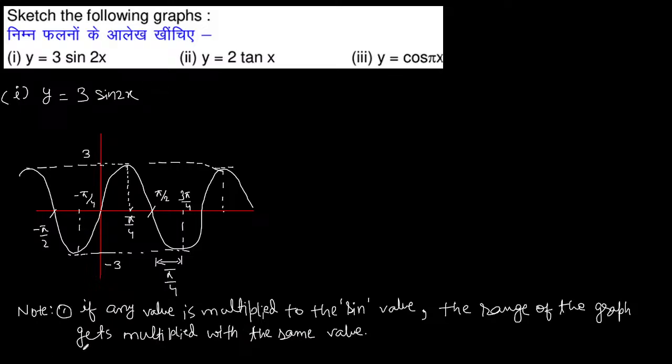Okay, like we multiplied this with 3, so the value of sine 2x is getting multiplied by 3, isn't it? Yes, yes, definitely.